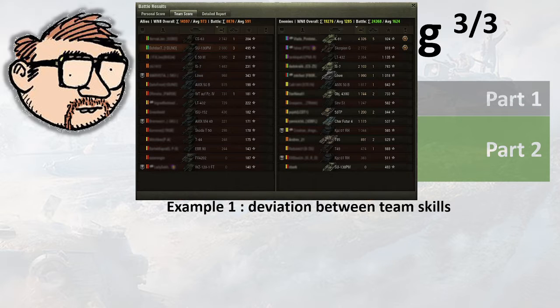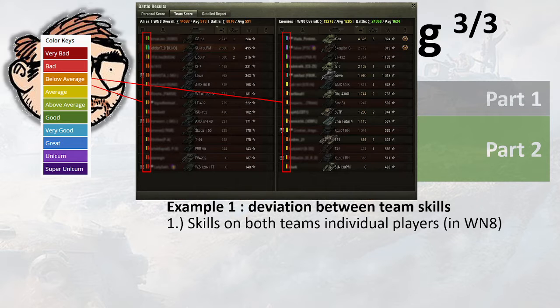What we can see is what the XVM modification is showing: there are those color bars before the players. The first part shows the statistic value of the player, which is basically the skill level of the player. The second part is the vehicle the player has used, the XVM value of it.